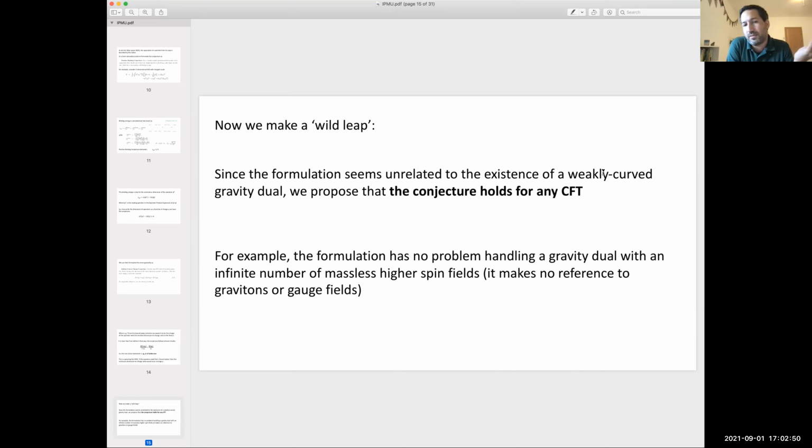Then it wouldn't really make much sense to compare gravity and the gauge field, because they're both just part of some infinite tower of high spin fields, so they're not particularly distinguished. But the formulation makes no reference to gravitons or gauge fields at all, and can handle these kinds of dual theories with no problem. So at least that's perhaps a clue that it could be quite general.